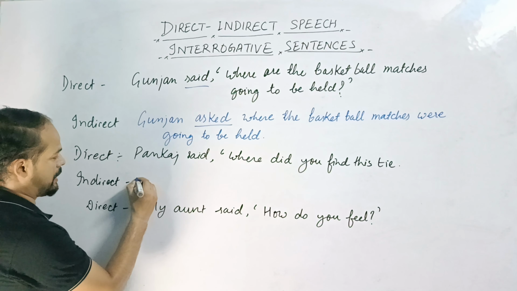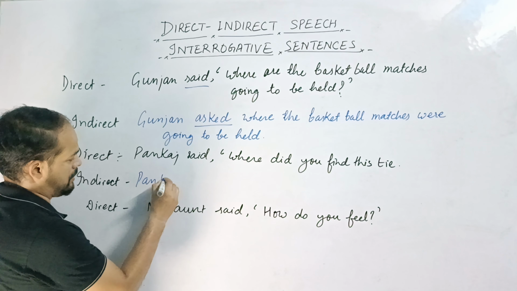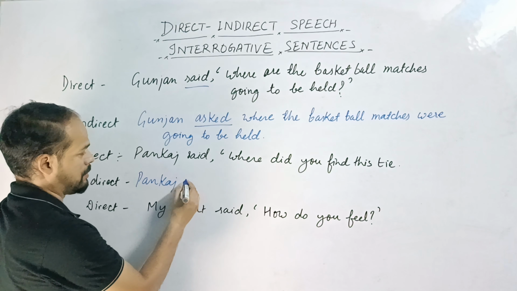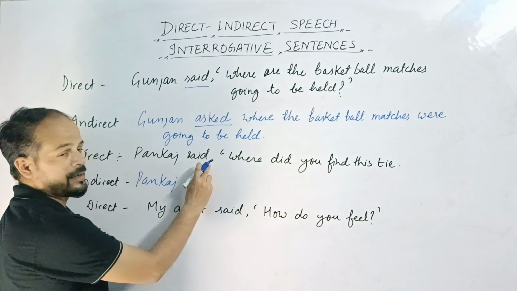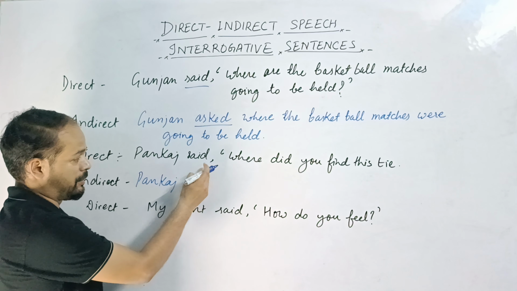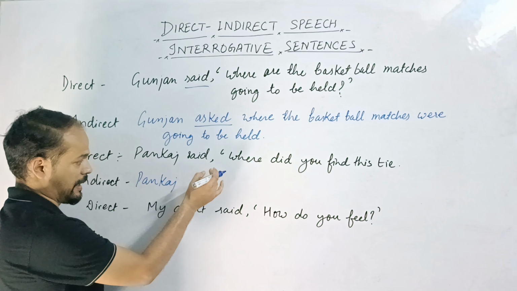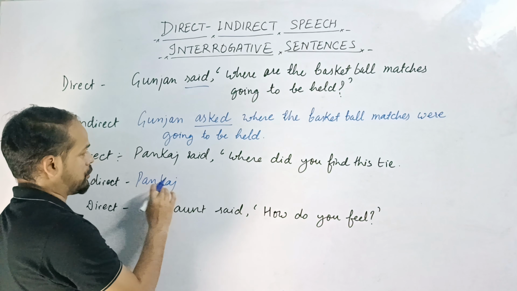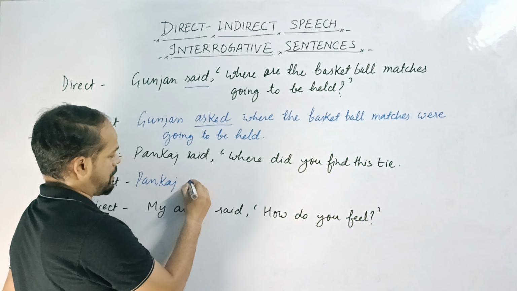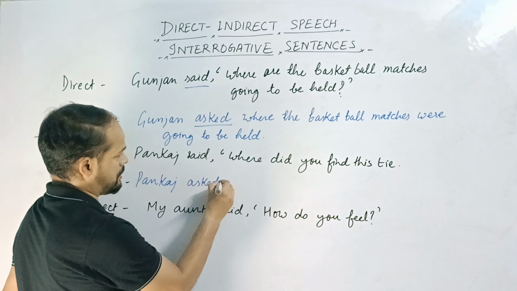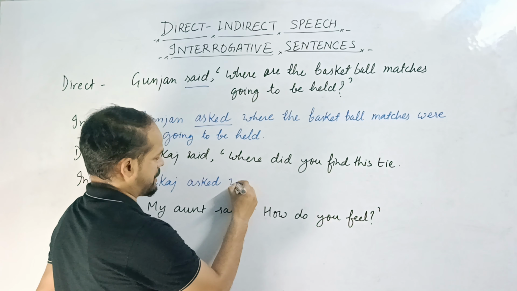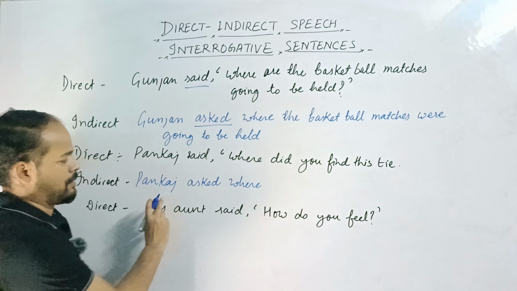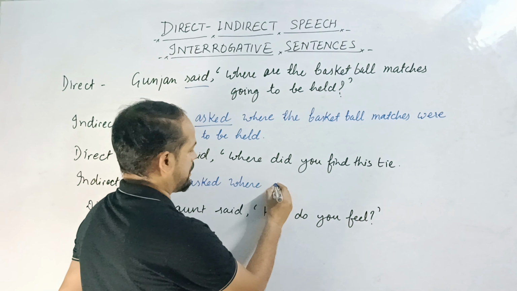Okay, so Pankaj, since here in the reporting verb there is no object, it will be assumed that it has been asked to me. So Pankaj asked question word. Okay, Pankaj asked where.